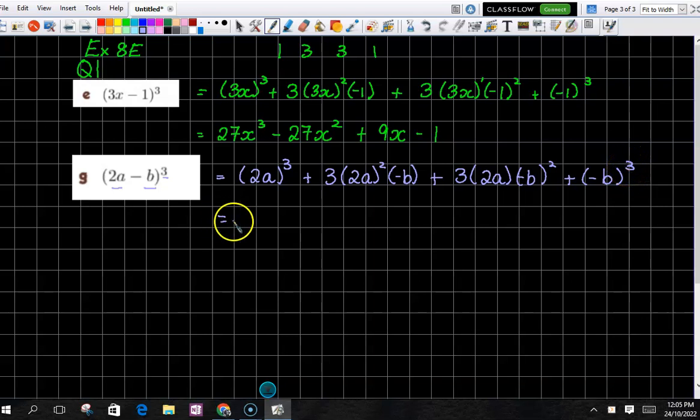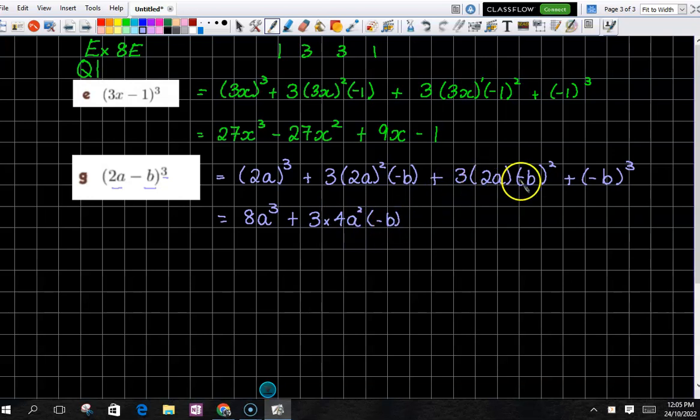Okay, now it comes time to tidy up. Everything in the bracket gets the power, so that's 2 cubed, which we know is 8. All right, we've got a positive, so this will be plus 3 times 4a squared times negative b.